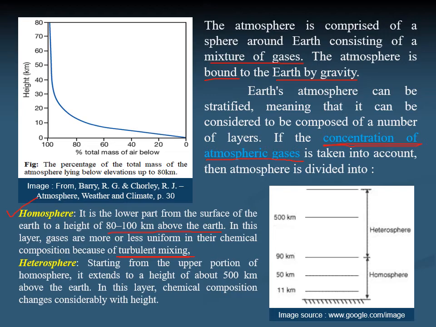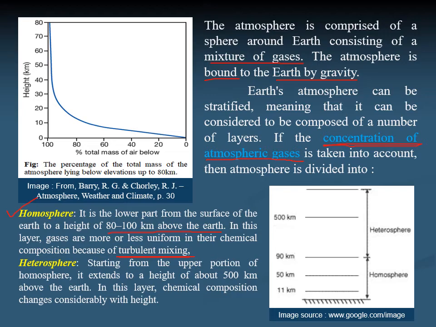So that portion of the atmosphere is known as homosphere. The rest of the atmosphere, the portion above the homosphere, extends up to a height of about 500 kilometers above the Earth. In this portion, the proportion of atmospheric gases is not uniform. It varies very quickly.